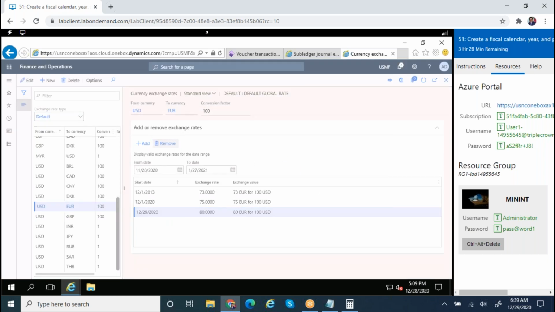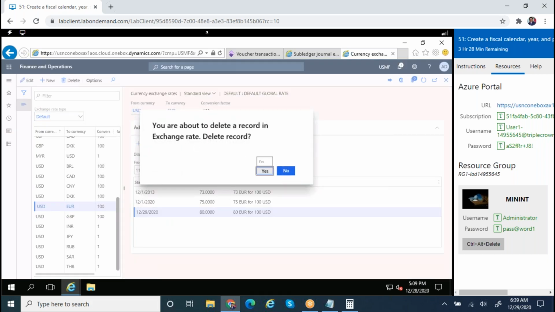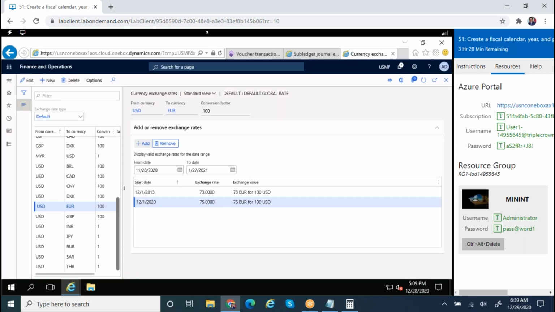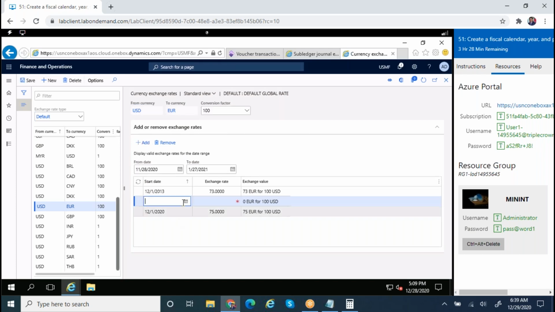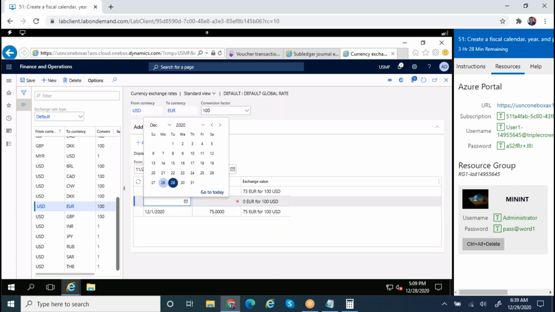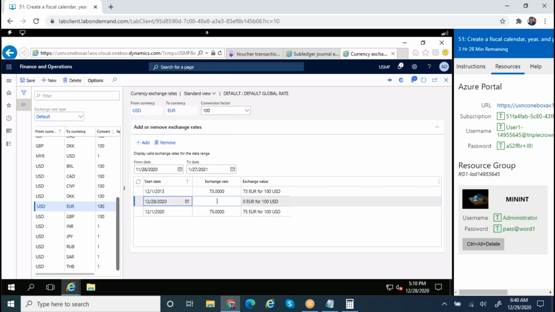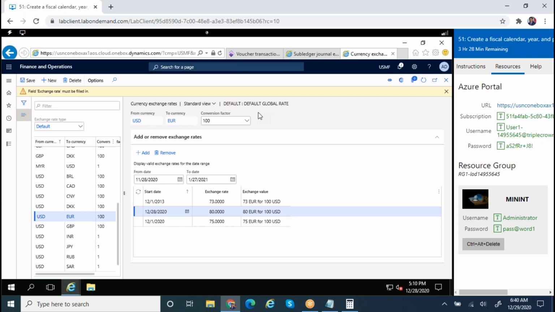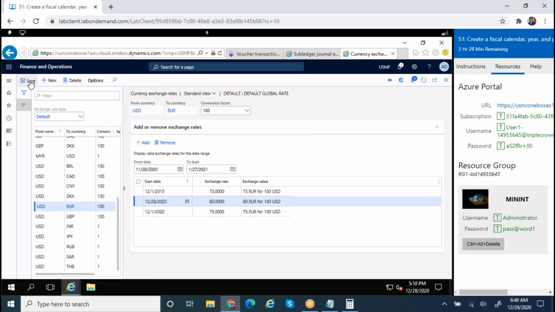Let me remove it, because for USA it is 28. Now I'm making $80. Okay, 80 euros equal to 100 US dollars.